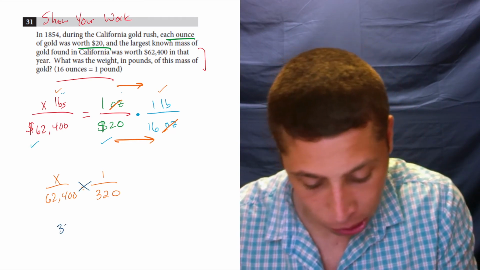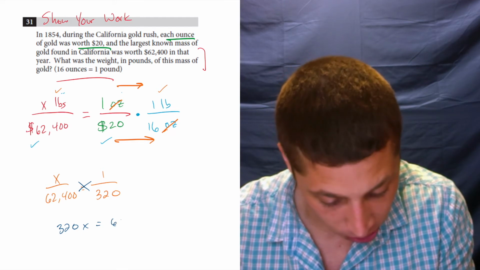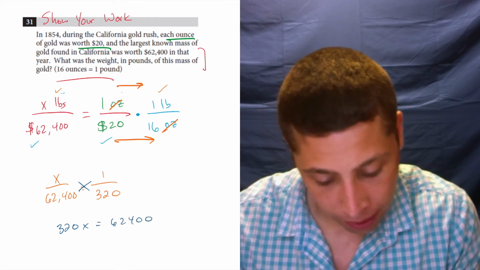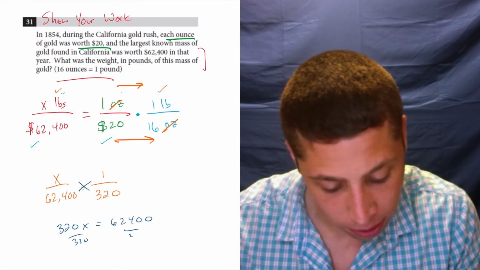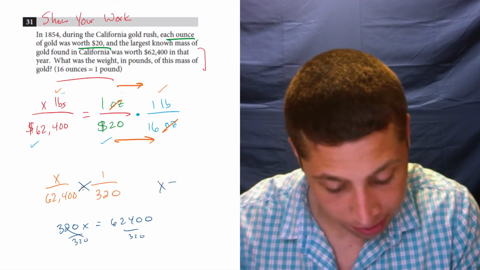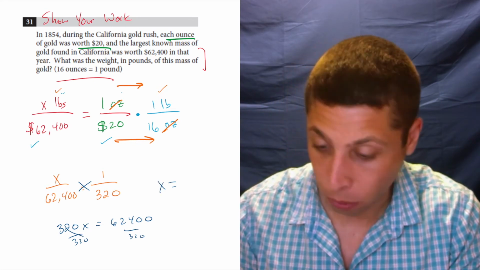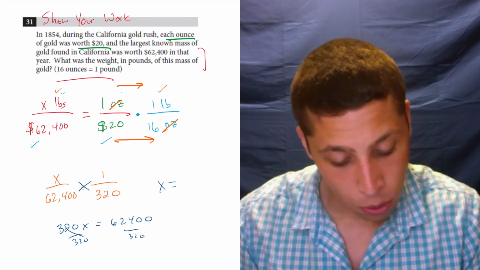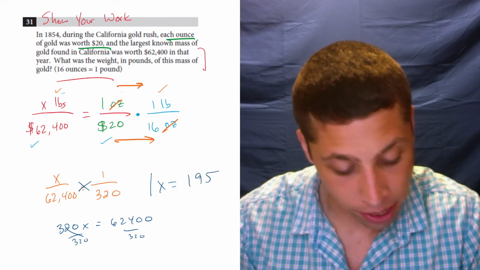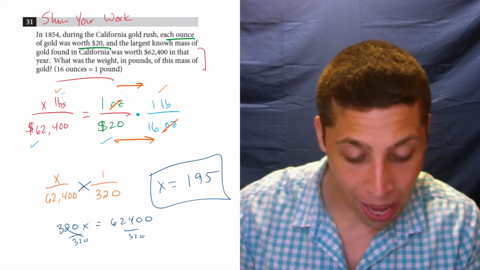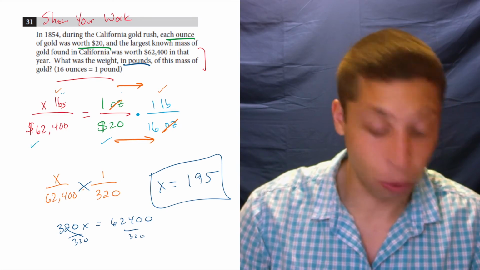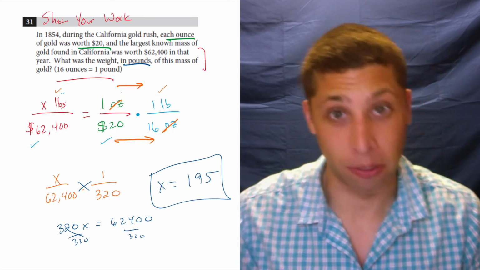So 320x is equal to 62,400, and then divide by 320. I'm going to get x is equal to 62,400 divided by 320, which is 195. So that is the number of pounds of that piece of gold. It's a lot. It's like a person.